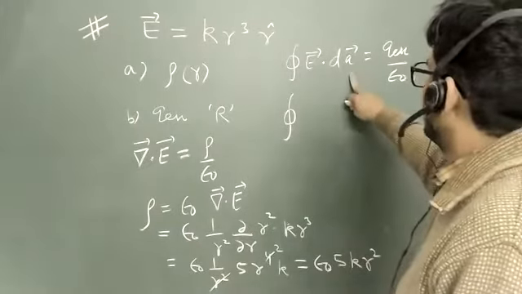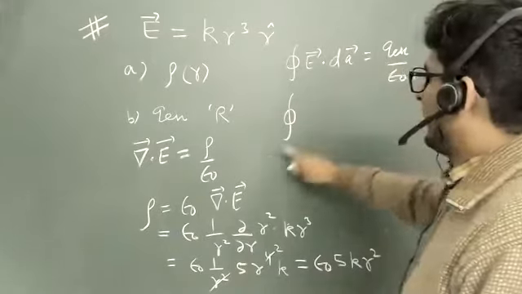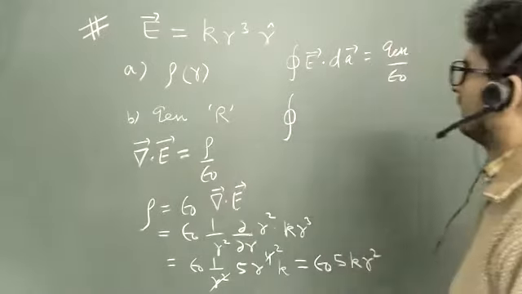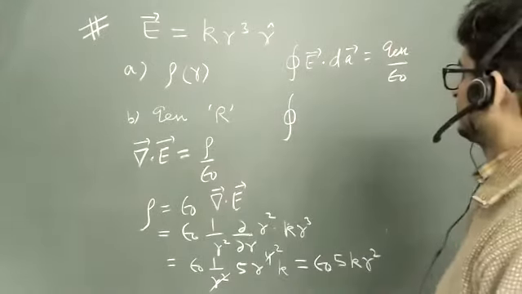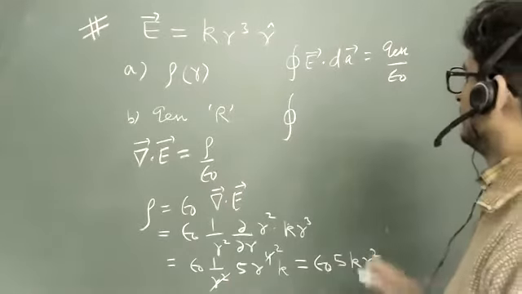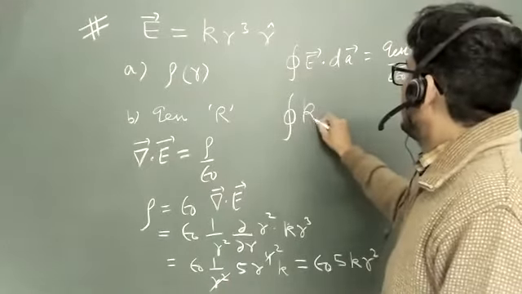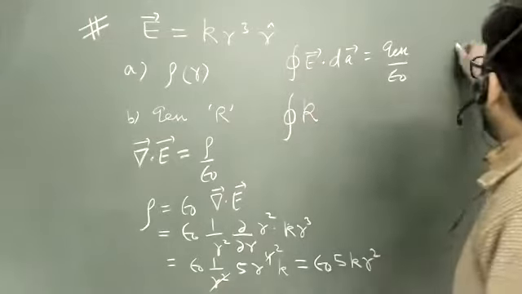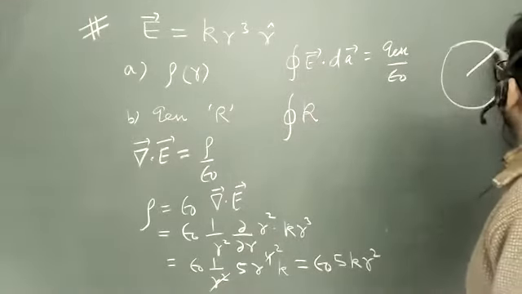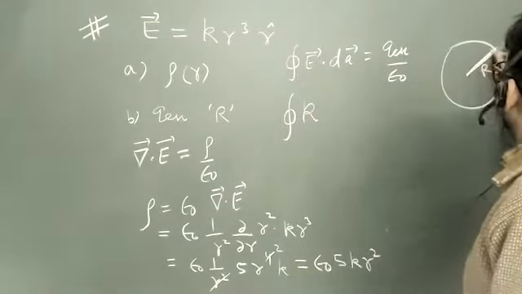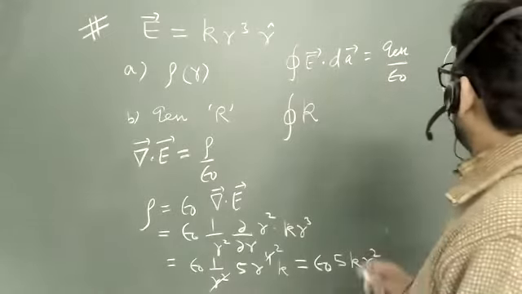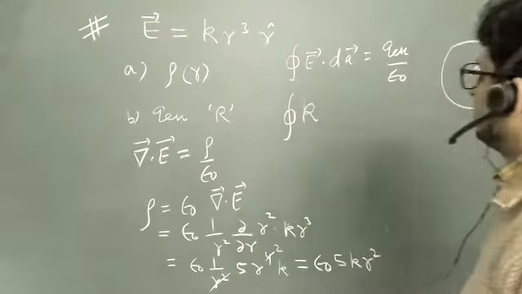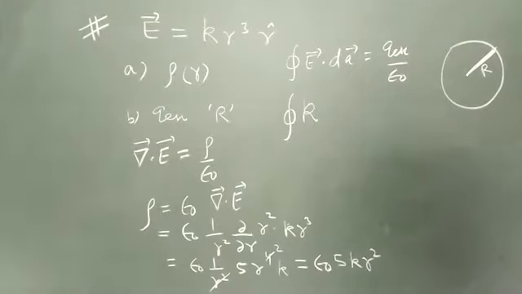Whatever Gaussian surface you take, you have to take it for radius r. So K R cube, capital R cube. You have to take it at the Gaussian surface now, right? So it will be K. Tell me.